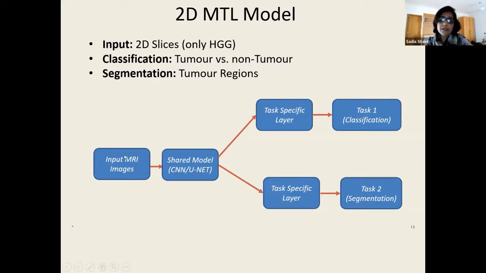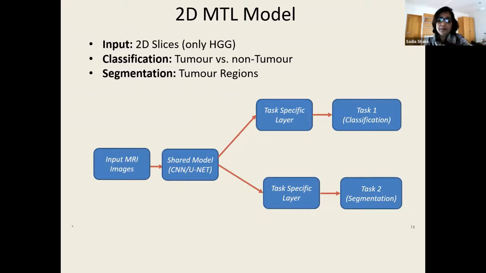In this case, we used only high-grade gliomas, or the slices from grade 3 or grade 4 tumors. And the end goal was to classify those slices into tumorous slices or non-tumor slices.